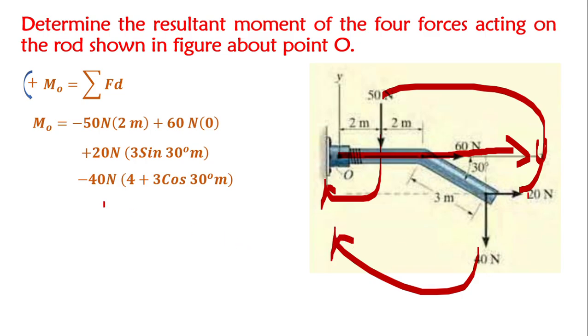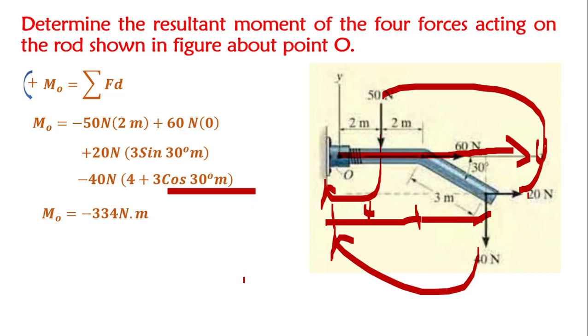Ayan. So, ayan na. So, nakita nyo dyan. So, we are going to get the value. Sir, bakit 4 less? Siyempre, ito yun, oh. Diba? 4 ito. And this one is, ayun, oh, 3 cosine 30. So, yun yun. So, we have negative 3.34. Ay, nag-negative. So, it means we have to change the direction. So, magiging clockwise pala siya. Nagkakaintindihan. Madali, di ba?